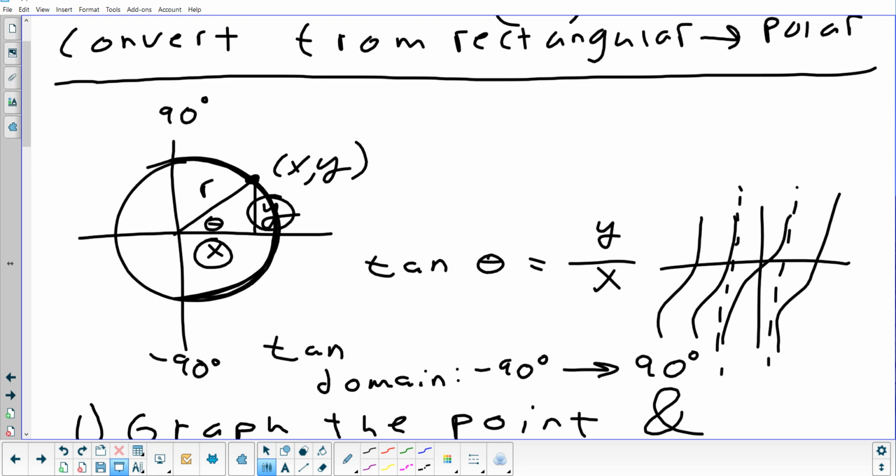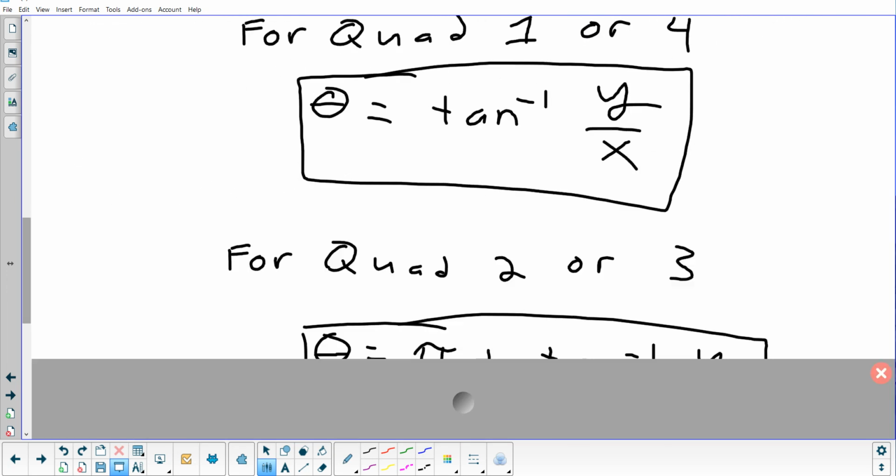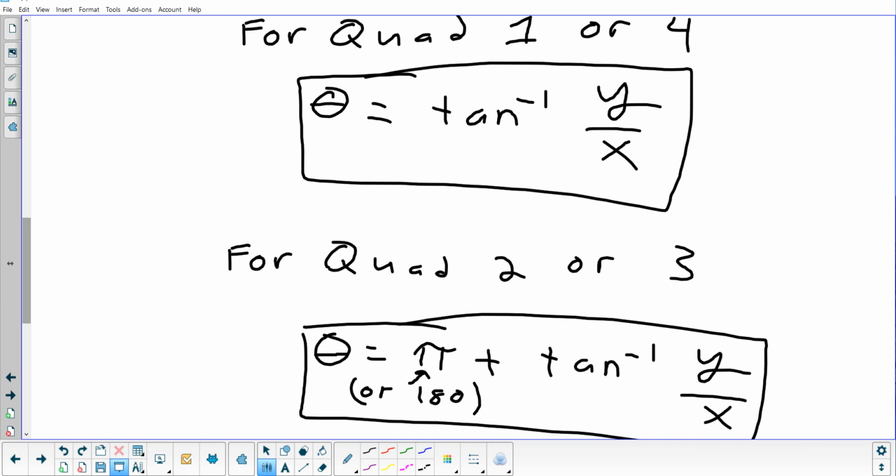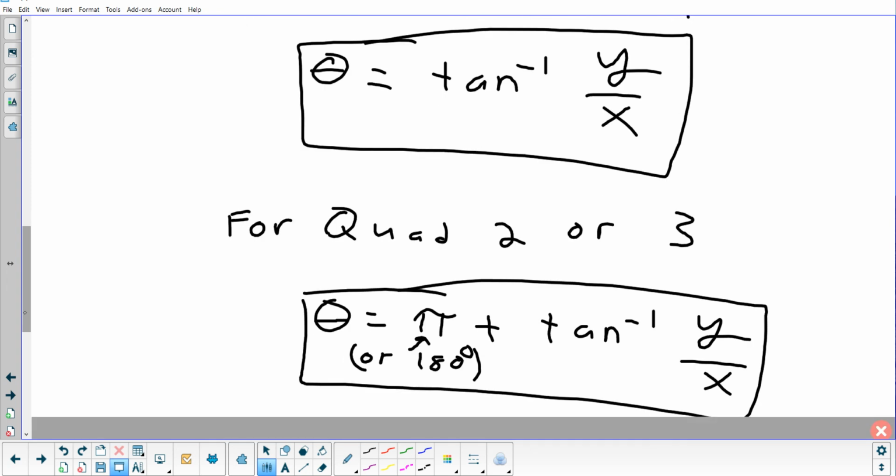You take what you get from the inverse tangent, and then you add 180. You only have to add 180 if you are finding an answer in quadrants 2 or 3. Or if you're doing it in radians, you would add pi.